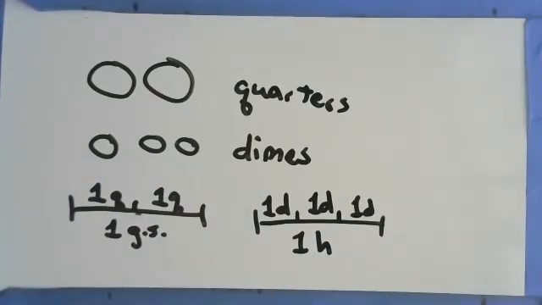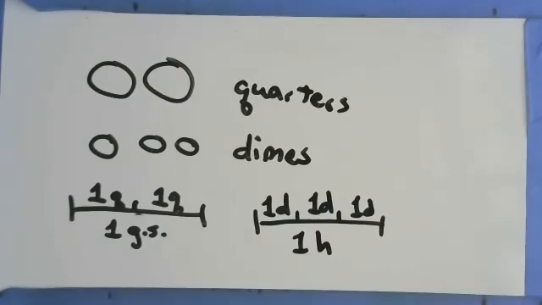And so we're trying to show that relationship between 2 quarters and the glue stick, 3 dimes, and a highlighter. So as I'm saying, without more information, especially without the question, we don't know which quantities are the important ones that we want to emphasize in our drawing.